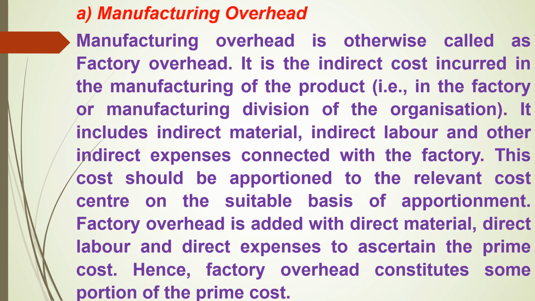It includes indirect material, indirect labor and other indirect expenses connected with the factory. This cost should be apportioned to the relevant cost center on the suitable basis of apportionment. Factory overhead is added with direct material, direct labor and direct expenses to ascertain the prime cost. Hence, factory overhead constitutes some portion of the prime cost.